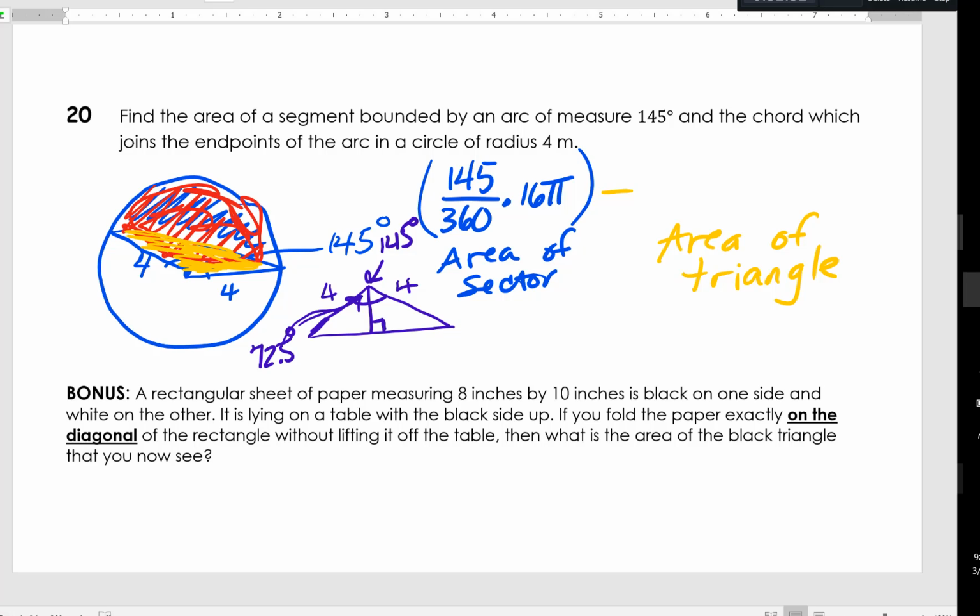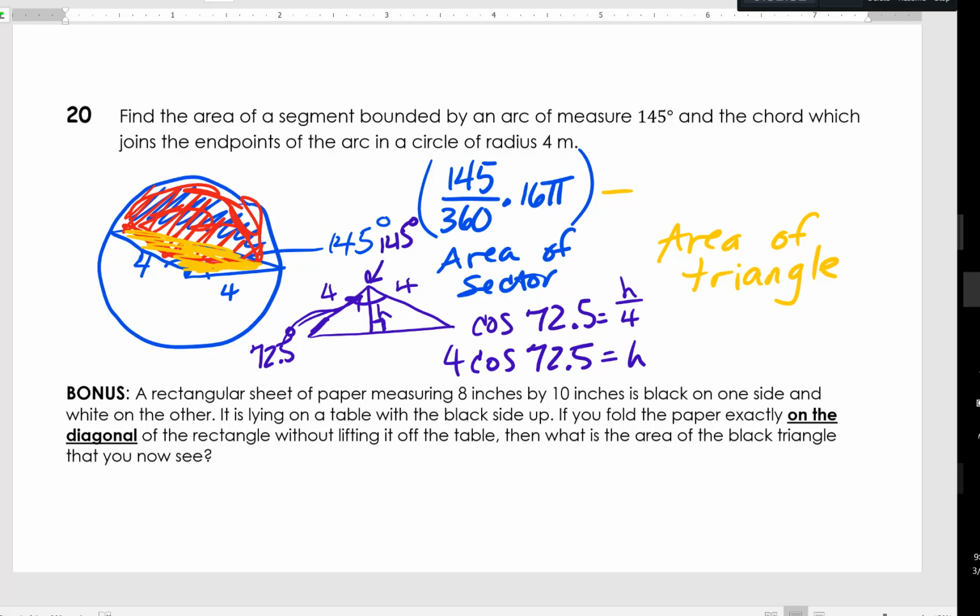All right, so to find the height of this triangle, h, you can use the cosine function. So cosine 72.5 is equal to h over 4, adjacent over hypotenuse. So 4 cosine 72.5 is going to give you that height of that triangle.